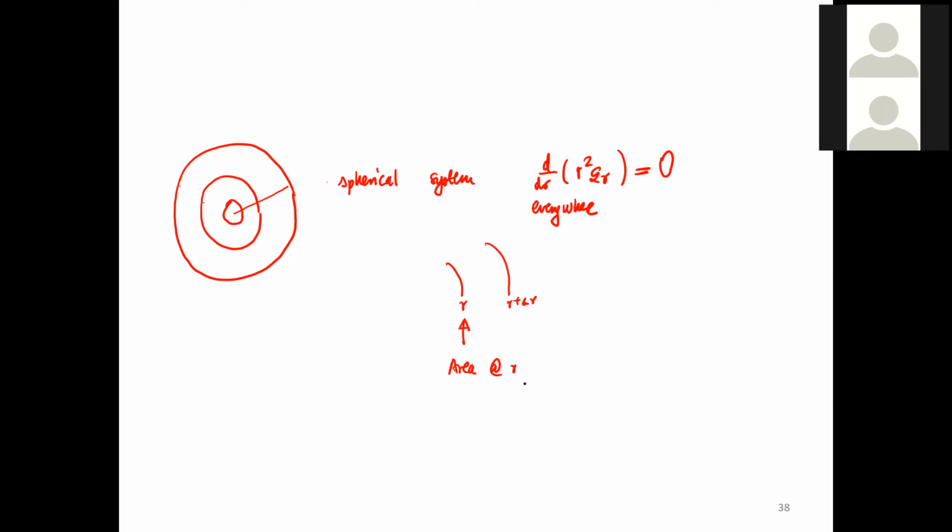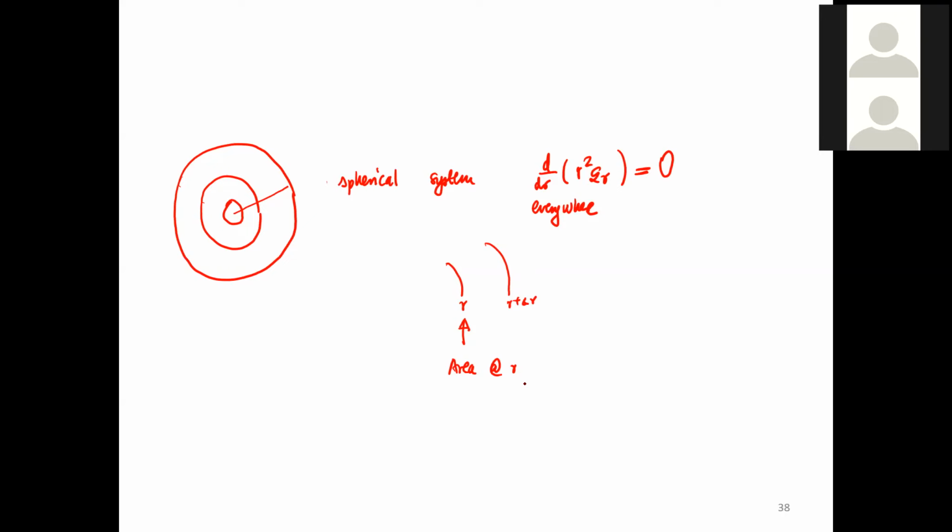Let me find that. Do you have a book with you? Okay. So you need to go to the spherical system in the back. There is a picture on page 840. It's a way better picture than I can draw. Okay, I got it.